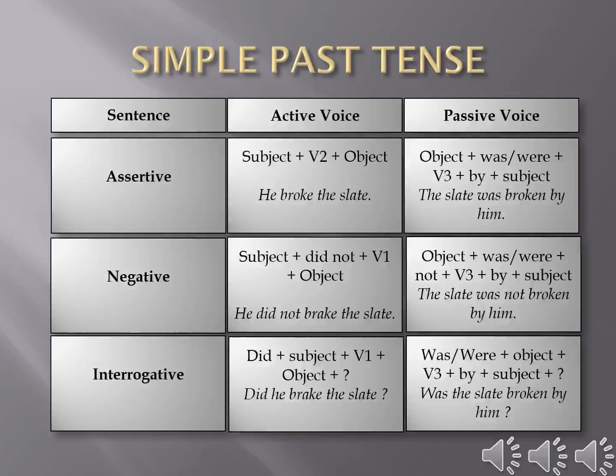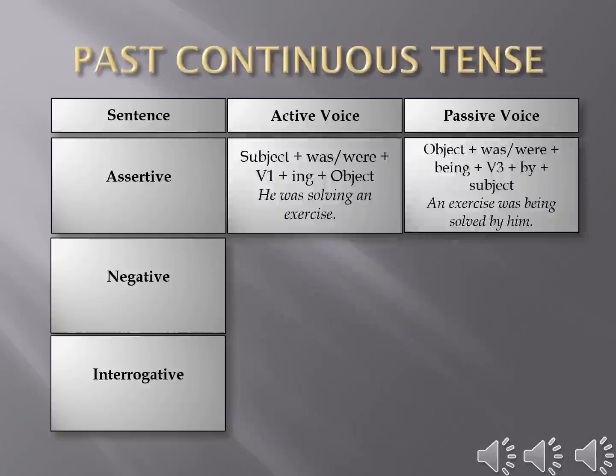So let's move on to the next rule, that is past continuous tense. As you know, we use was/were, first form of verb and ing in active past continuous. While making its passive form, subject and object replace their positions as we do in all passive sentences.